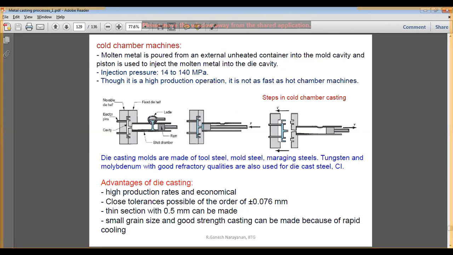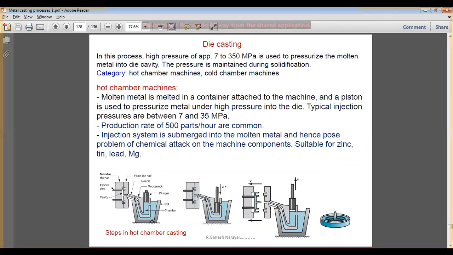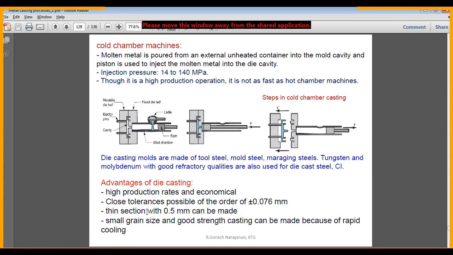In cold chamber casting, the molten metal is melted somewhere else, rather than having this pot and chamber where we apply the heat at the place of casting. It is taken by the ladle and poured, and when it is poured, the ram compresses the molten metal inside the die.